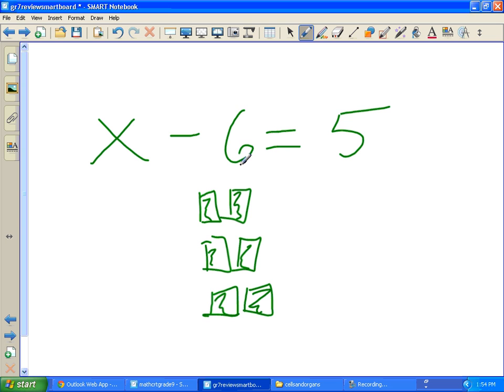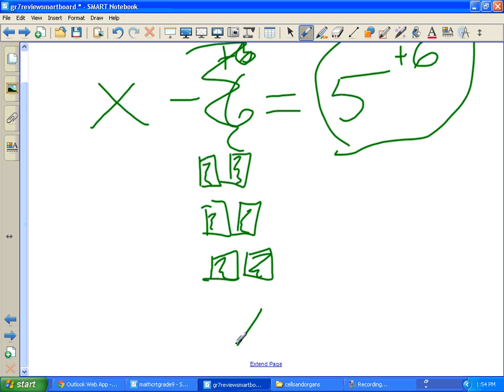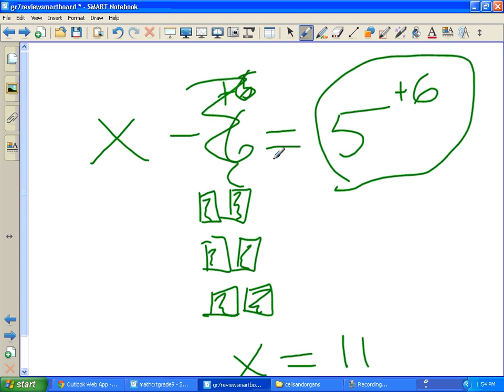And of course, if I add 6 positives here on this side to cancel it out, I must add 6 positives to this side. And of course, that'll make it x equals 11. Okay? So what you're basically doing is canceling this out by doing the opposite. That's how you make your zero pairs.